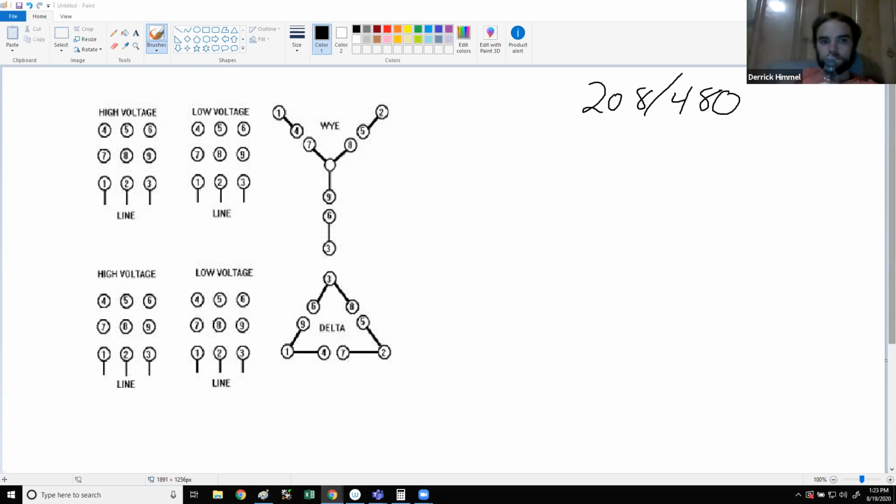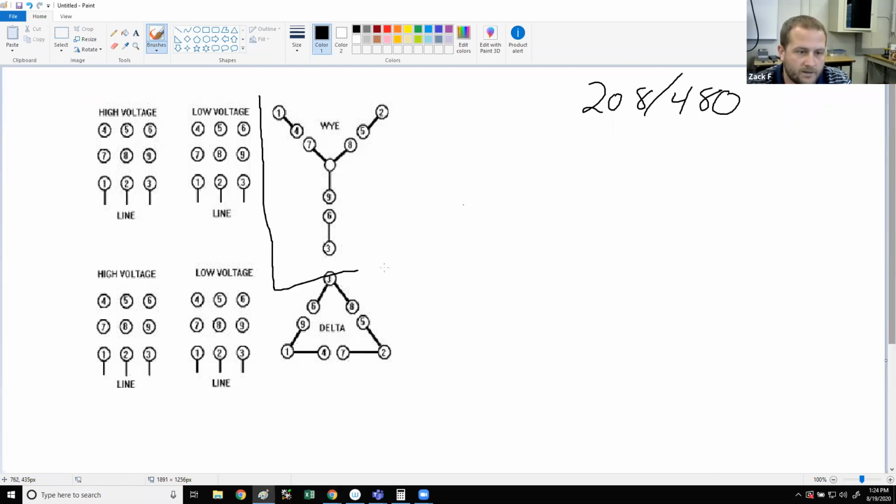So the motor windings are either going to be hooked up in a delta configuration or a Y configuration. So when you open up the motor, the windings are not going to look like this.